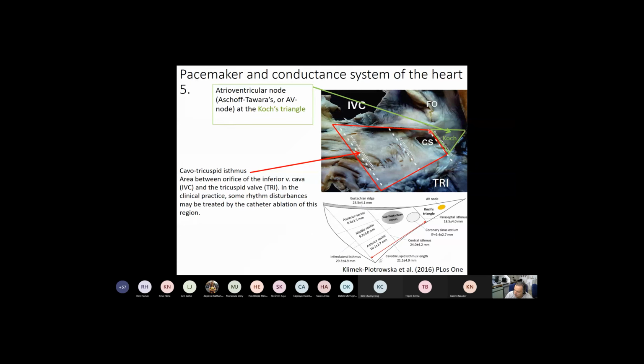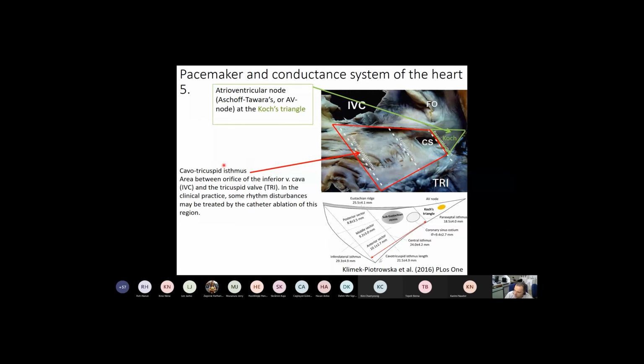I mentioned this last week, but just to have a look, this is the inferior vena cava, this is the valve of the inferior vena cava, and here is the coronary sinus, and there is the tricuspid valve's part here, and this is the Koch's triangle, and there it is. Next to it, you have a red marked area that is not an anatomical name, but it has great clinical significance. That is why I mentioned the name. It's called the cavo-tricuspid isthmus.